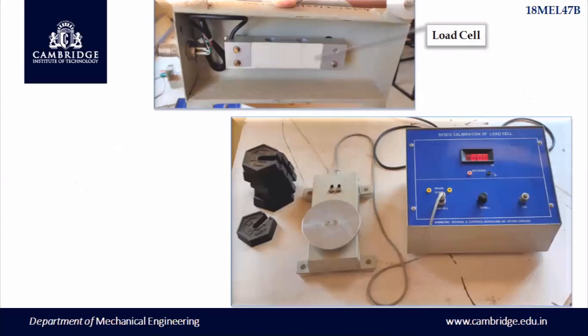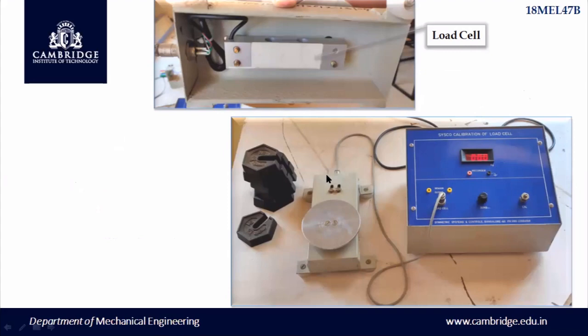And this is the experimental setup we'll be having in the lab. This is the digital indicator which will indicate the load in terms of kg. And this is the pan on which you're going to place the weight.